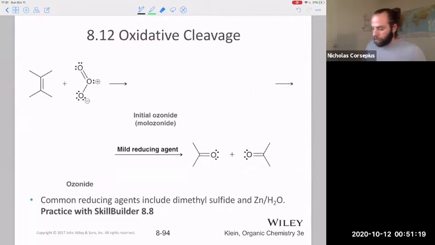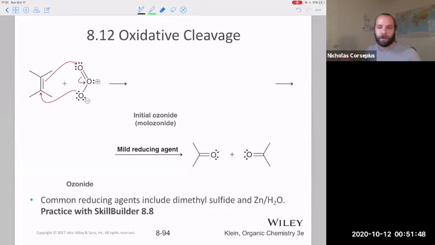All right, so this is not a mechanism that you have to know necessarily, but it is interesting to see. So the first step is actually the same as we're used to seeing, which is our double bond is going to play the role of a nucleophile and attack one end of that ozone. But then interestingly, this kicks off a series of rearrangements that leads to the other end of that ozone attacking what would be the carbocation that's formed.